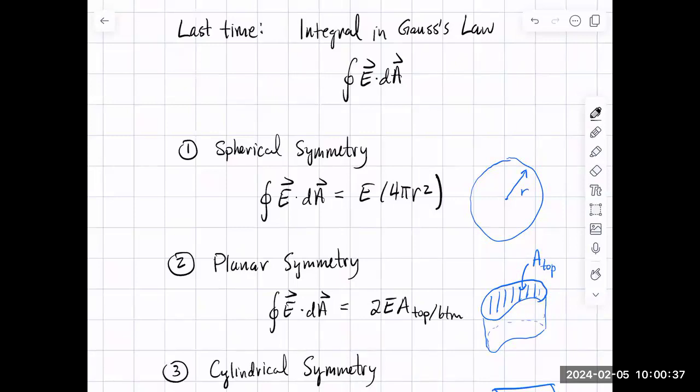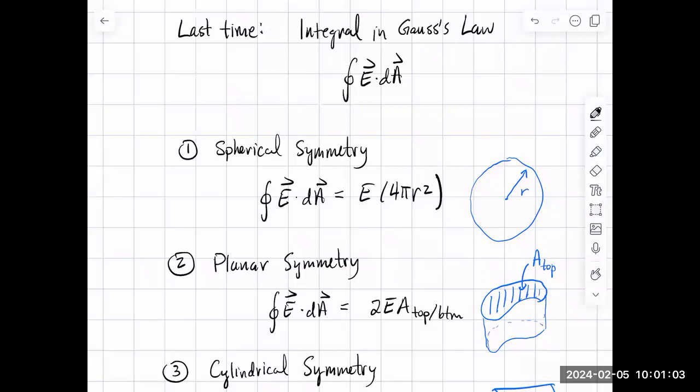And what we focused on was how we could evaluate the integral in Gauss's law, the integral of the E dot dA around our closed surface. For spherical symmetry, if we use a spherical surface, it makes evaluating that integral easy because the electric field is going to be radial. The normal vectors on our spherical surface will also be radial.